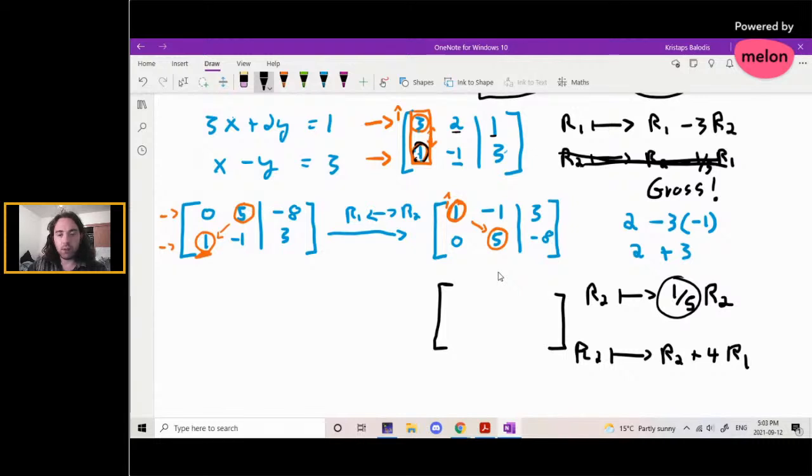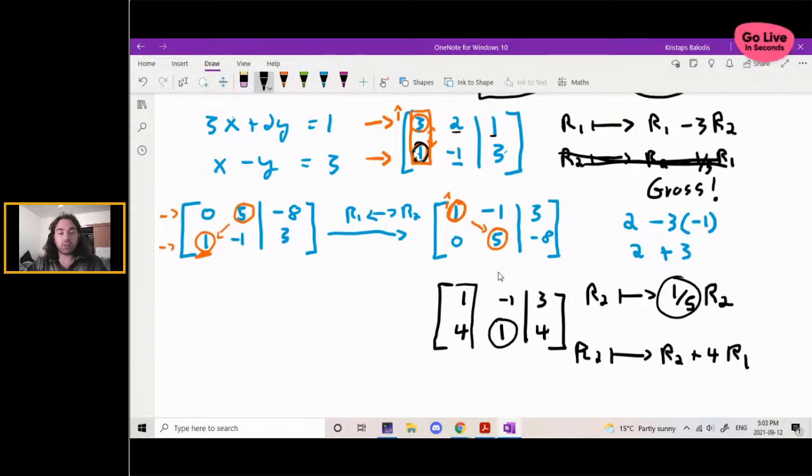If we went plus 4, then our row 1 looks the same. But now here's the issue: 4 times 1 is 4, and 0 plus 4 is 4, right? -1 times 4 is -4, so 5 plus -4, well, 5 minus 4 is 1. And then here we'd have 3 times 4 is 12, minus 8 is 4. So we accomplished what we wanted to do, right? We wanted to take that 5 and make it into a 1.